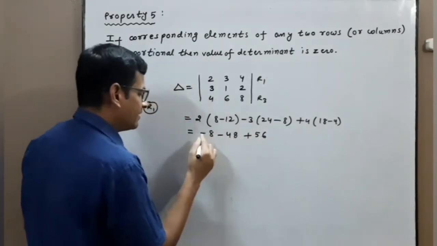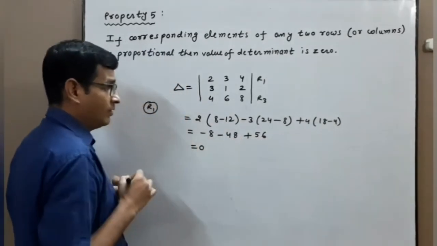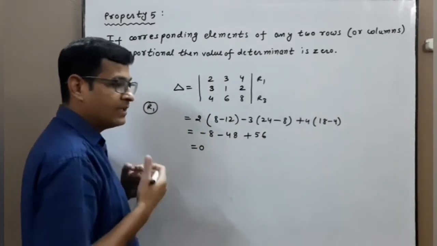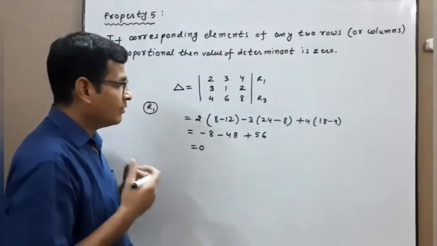And 56 minus 56, 0. So if any two rows or columns are identical, then without any calculation you can write value of determinant is 0.